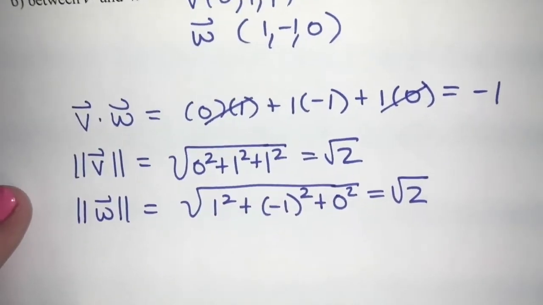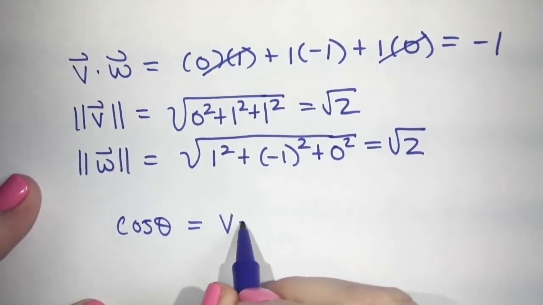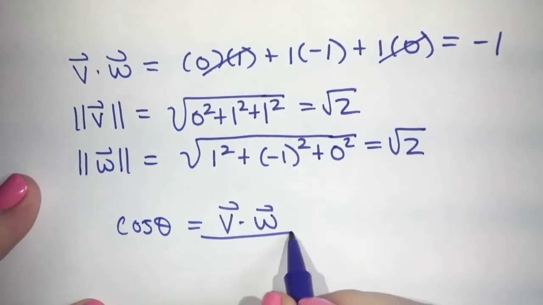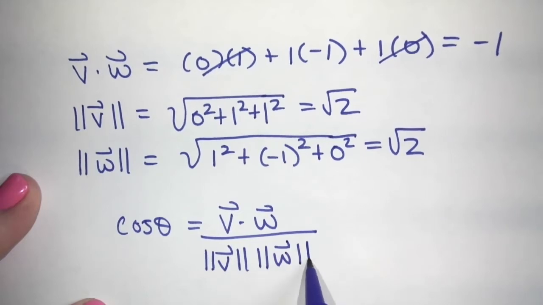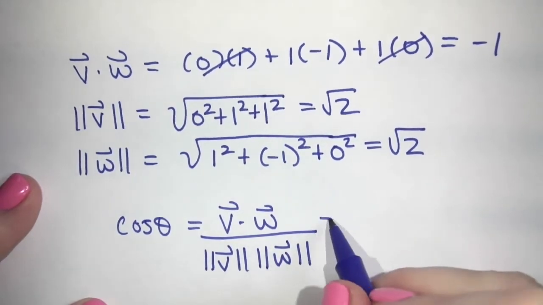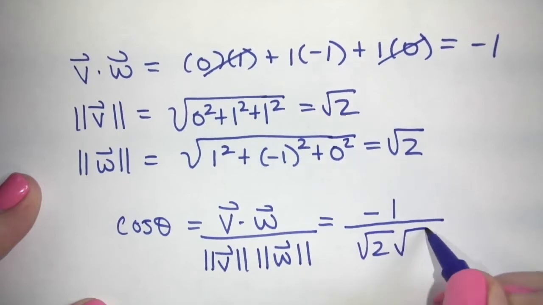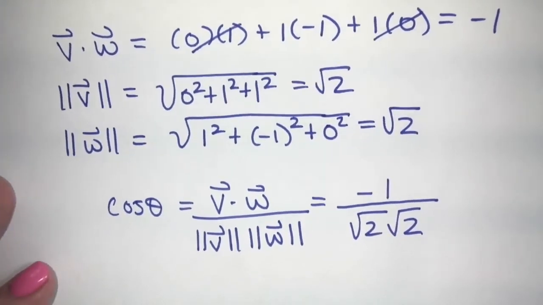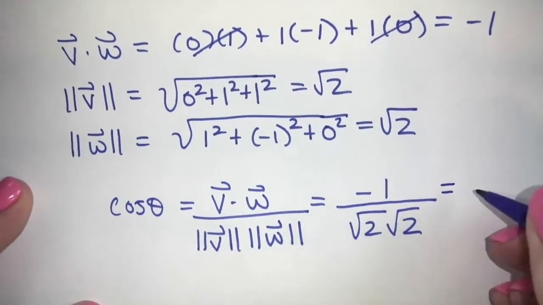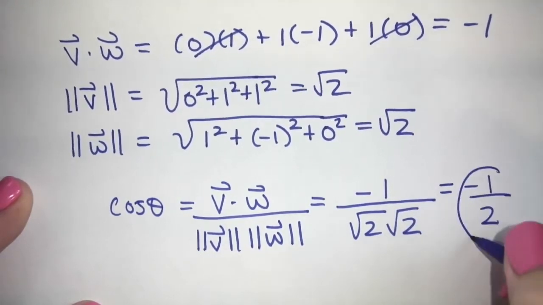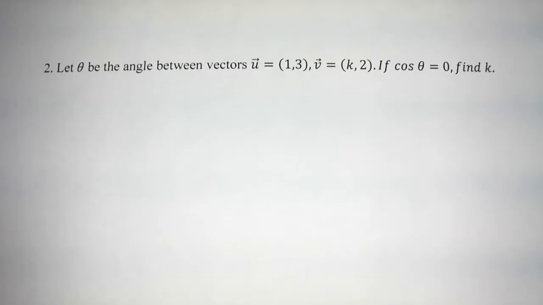And so our formula this time for cos theta, we're looking at v dot w instead of u dot v, over magnitude of v times magnitude of w. So we put the dot product, negative 1, on the top. And on the bottom, in this case, we have 2 of the same root. So this one they won't leave like this. Root 2 times root 2 is the same as 2. So this one, they will put negative 1/2 as their final answer.